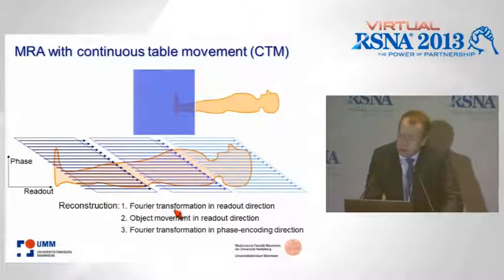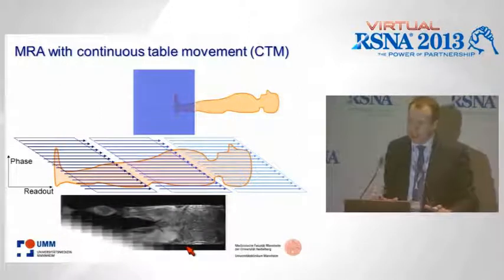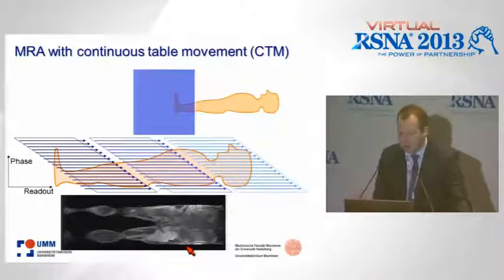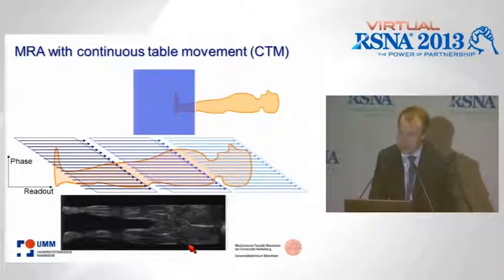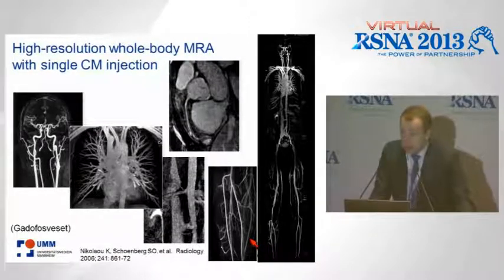First, you Fourier transform the data in readout, then the object moves in readout, and you store that data in a hybrid k-space, then you do the phase encoding, and once the data set is complete, you do your Fourier transform and image reconstruction. This results in a contiguous 3D data set, which is really nice for looking at the vasculature in high continuity. It's a very elegant technology, and it has been picked up by different vendors for their implementations.